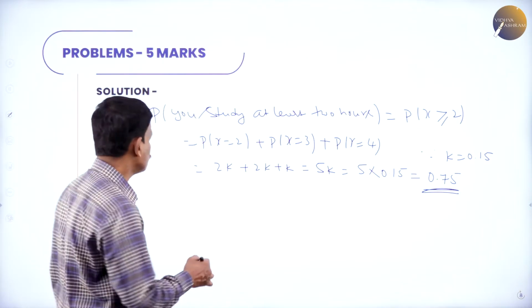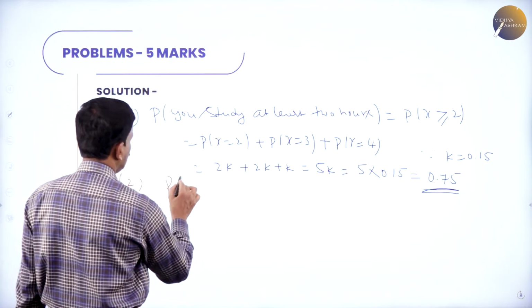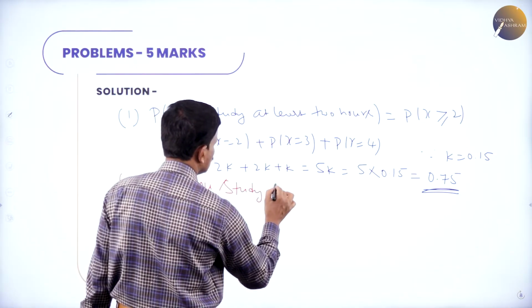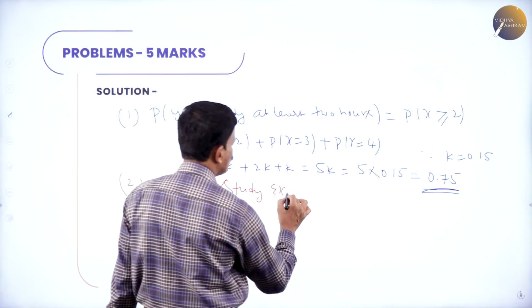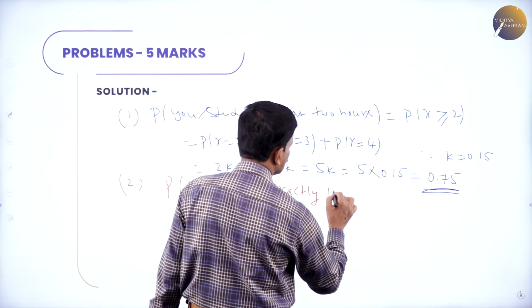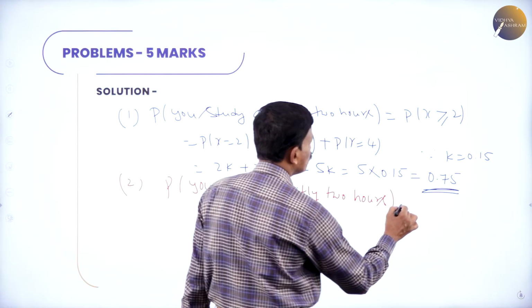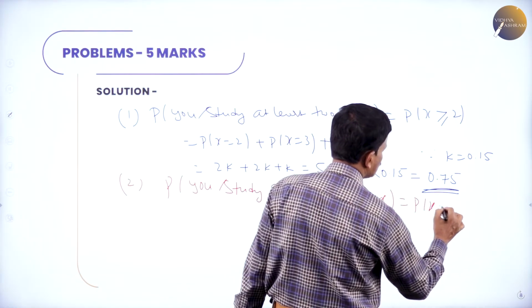Now, case number 2, second one. Probability you study exactly 2 hours. Exactly 2 hours means probability of x is equal to 2.